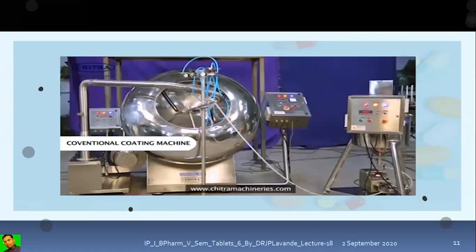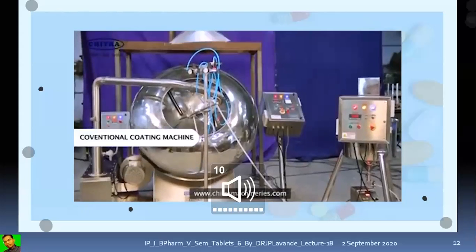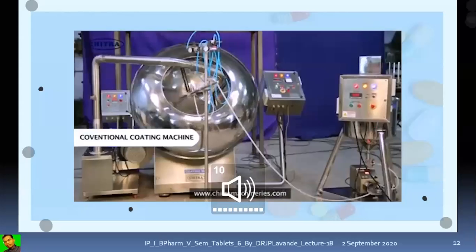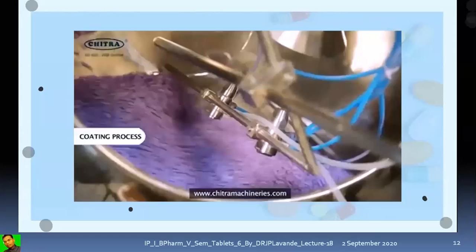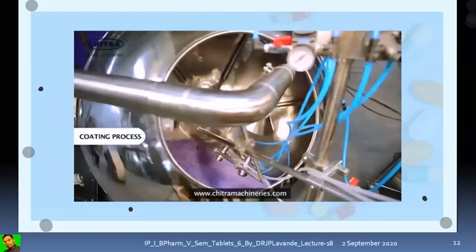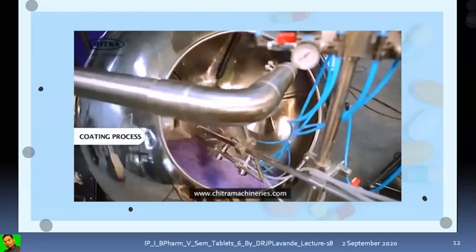So this is the coating pan, which we already saw. The coating pan is basically a perforated drum that rotates within a cabinet. The controls involve airflow, air temperature, air pressure, and the coating solution application rate. It is controlled in this cabinet.